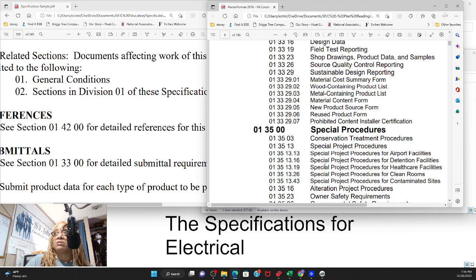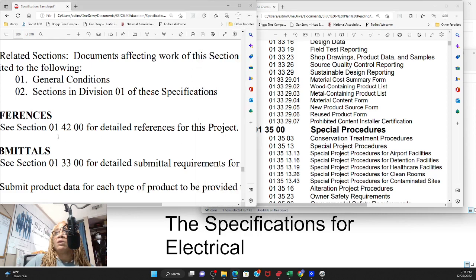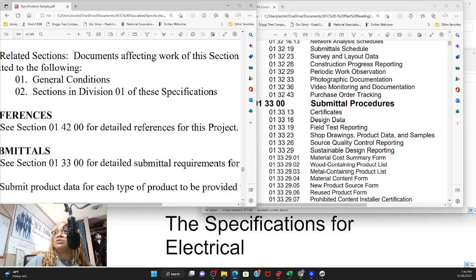Special procedures, right? Because they're going to tell you how they want you to do something. And then submittals, we already did that one. 013300, submittal procedure.